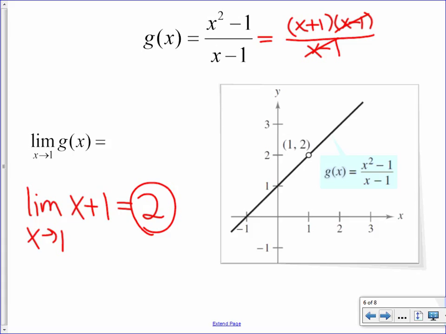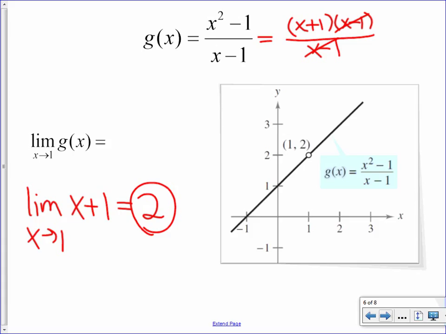Anytime you have a rational function, factor and see if you can reduce, and then see about evaluating your limit. At first, plugging 1 in to the denominator made that denominator 0. But then when we reduced it, we can just use direct substitution.